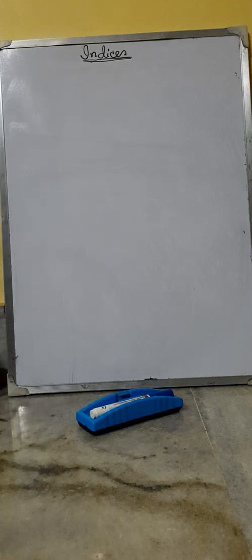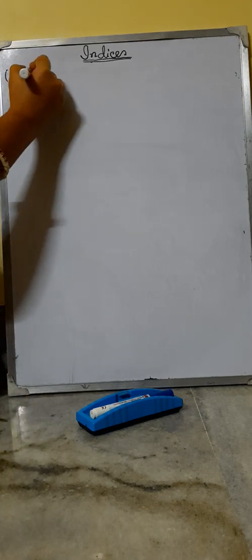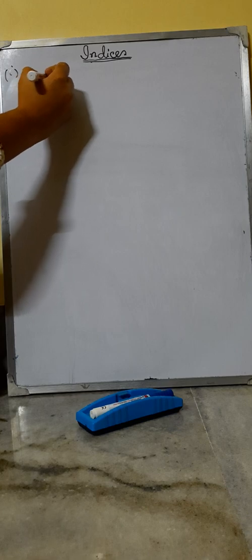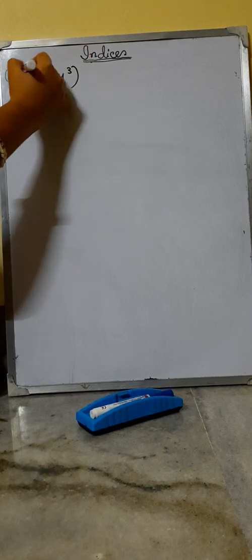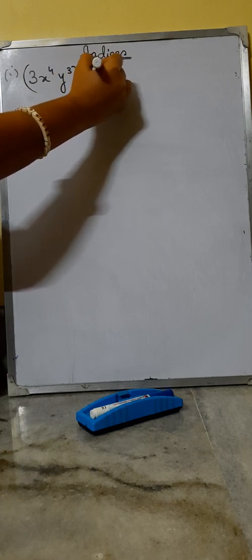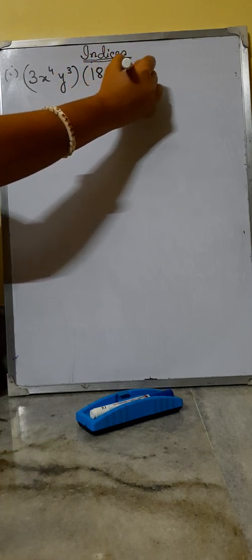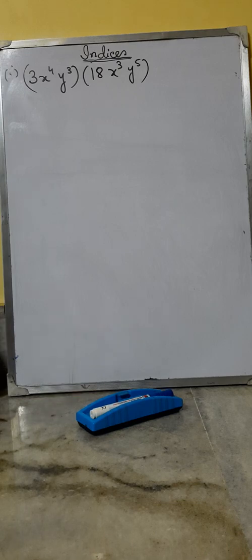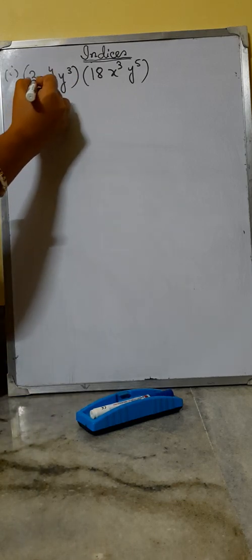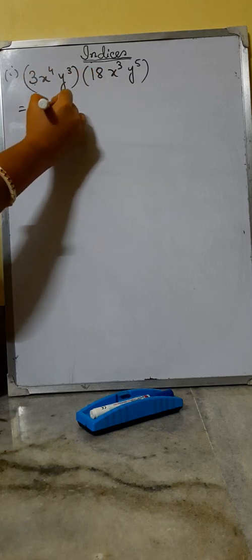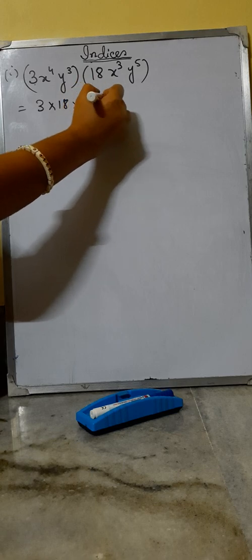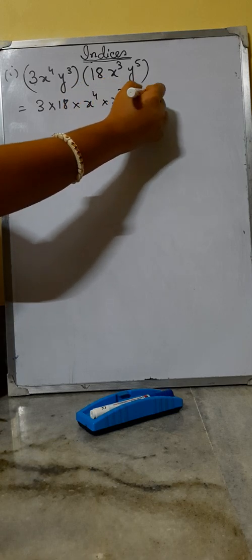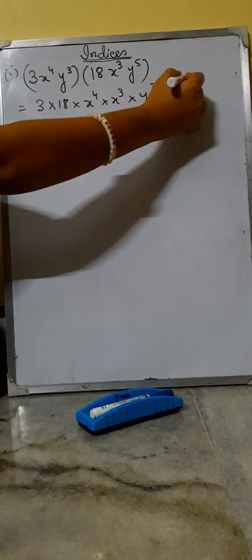First example: 3x to the power 4 y to the power 3 into 18x to the power 3 y to the power 5. How to solve? All are in multiplication form. So first 3 into 18 into x to the power 4 into x to the power 3 into y to the power 3 into y to the power 5.